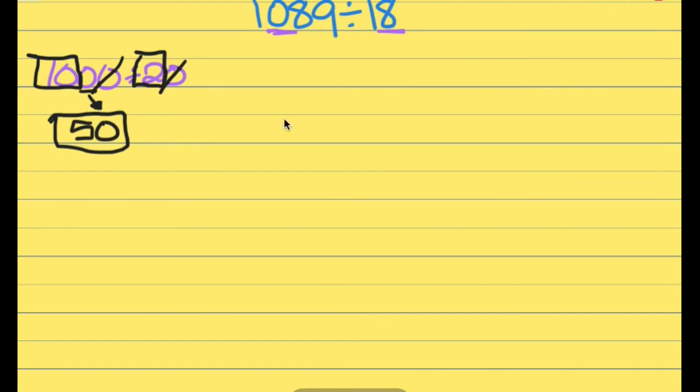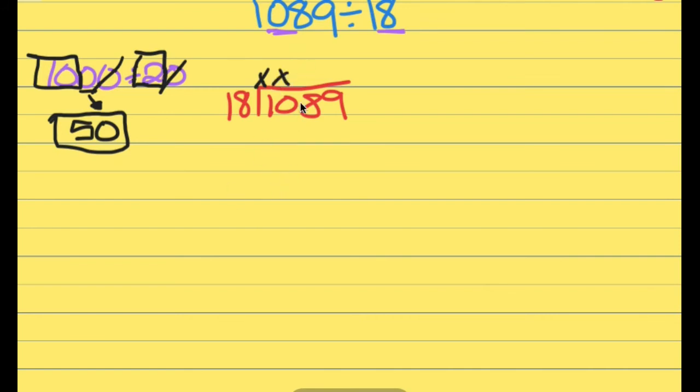Now level 2, we need to make sure we divide using the standard algorithm. So let's see, how many times can 18 go into 1,089? We know for a fact that 18 cannot go into 1, and 18 can't go into 10.